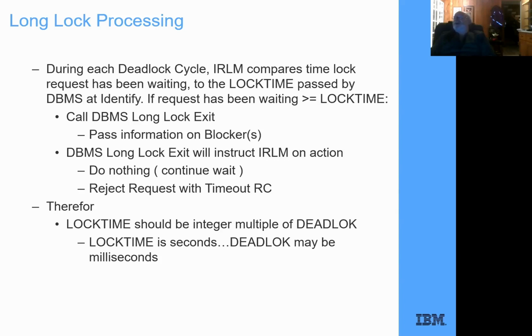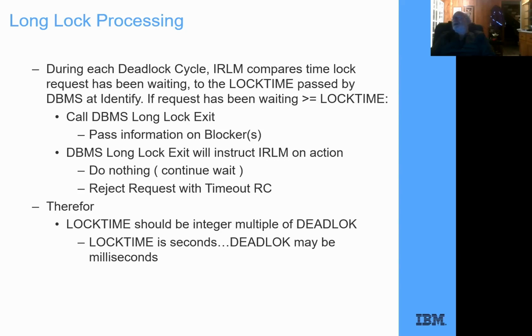Because, for example, if you have a lock time of 10 seconds and your deadlock value is 3 seconds, we're going to look for long locks at 3, 6, 9, and 12. So the lock would not actually time out until 12. So that would be 2 beyond the 10 you coded. So you definitely want it to be an integer multiple of the deadlock value.